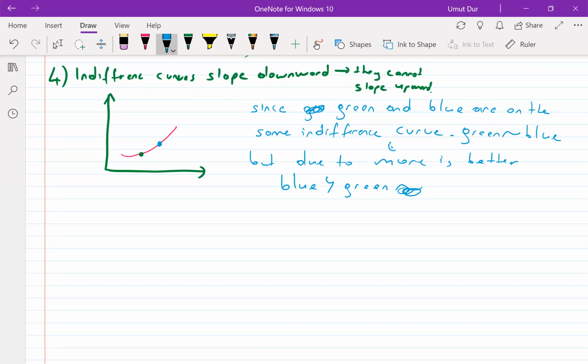So we have these two relations at the same time: blue is preferred to green, and green is indifferent with blue. These two cannot happen at the same time.